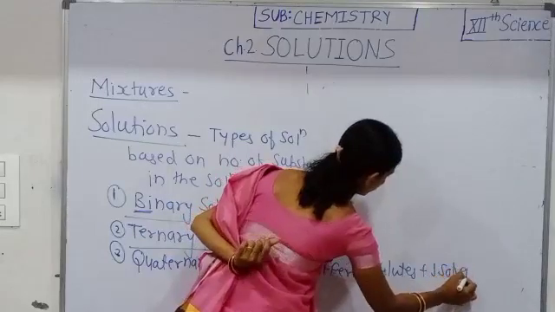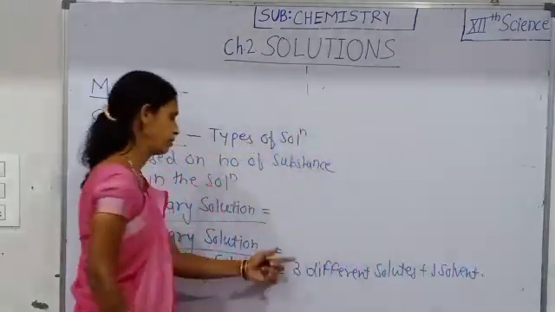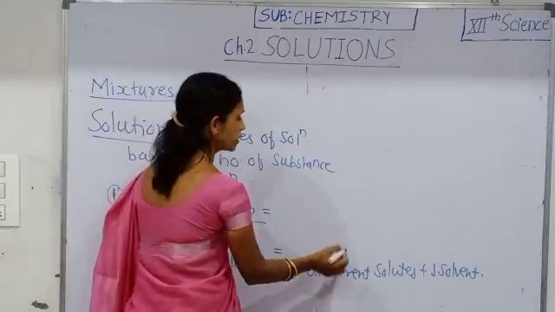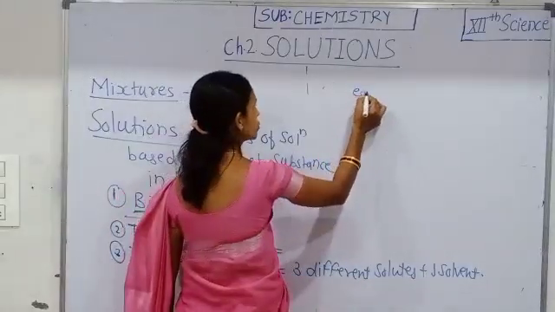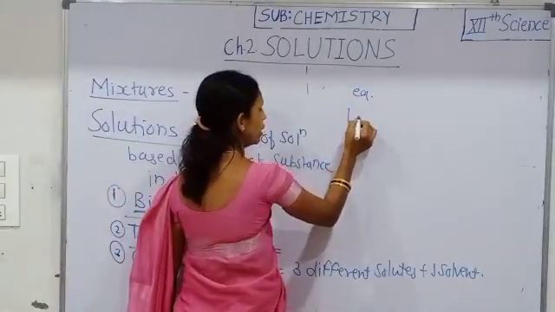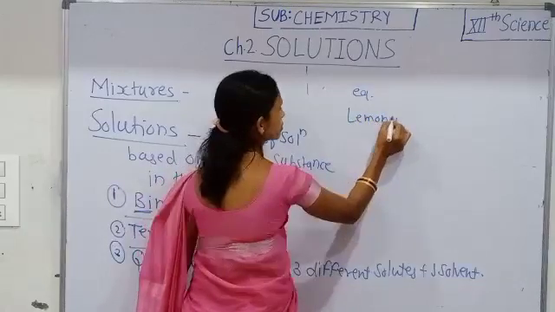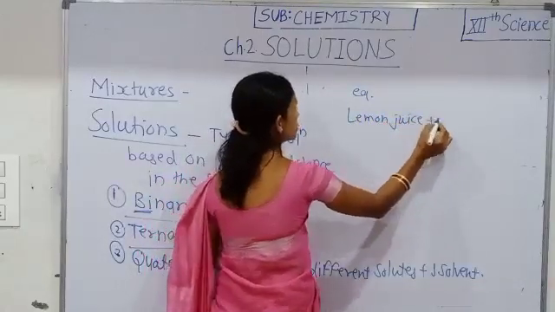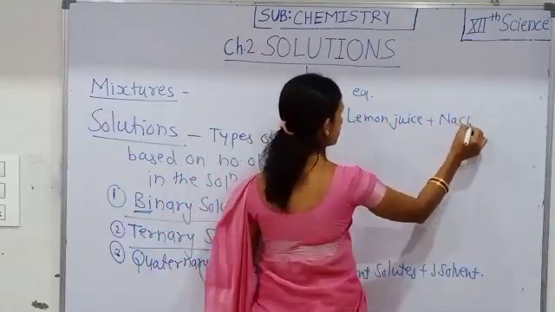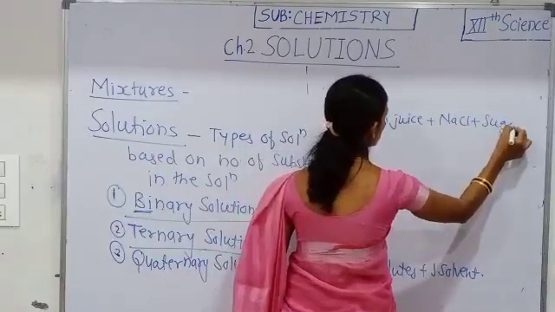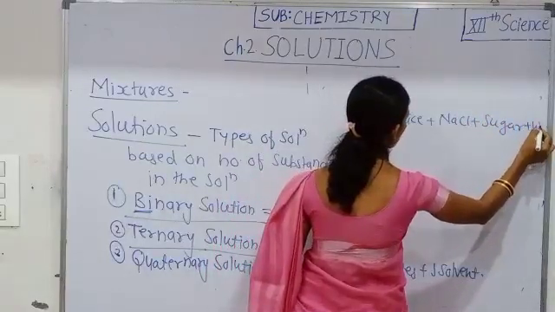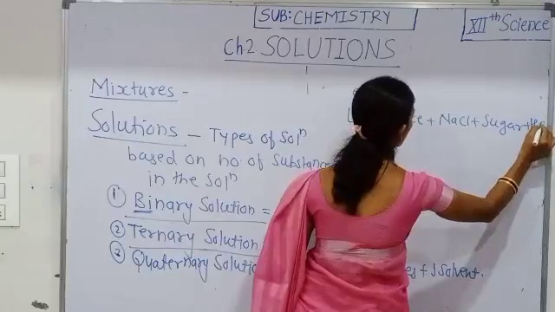An example of a quaternary solution is lemon juice plus common salt, NaCl, plus sugar dissolved in water.